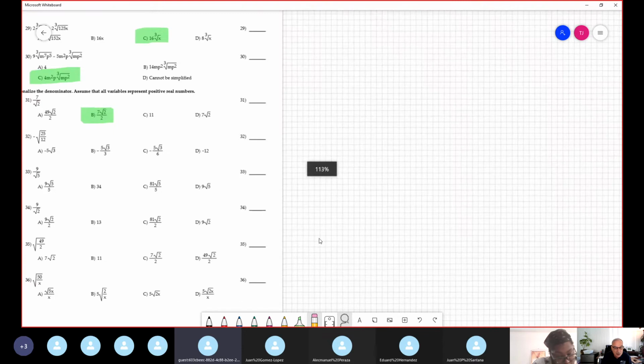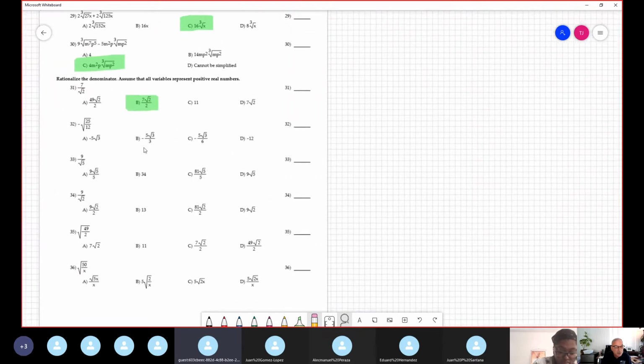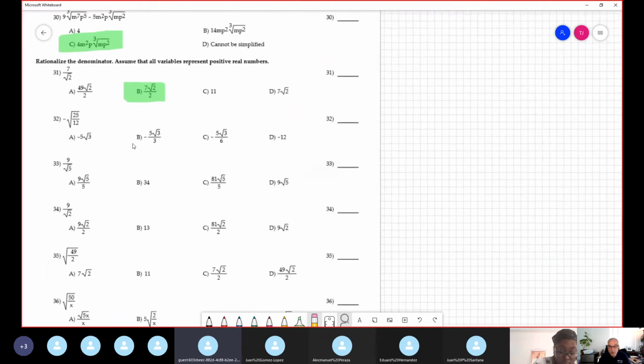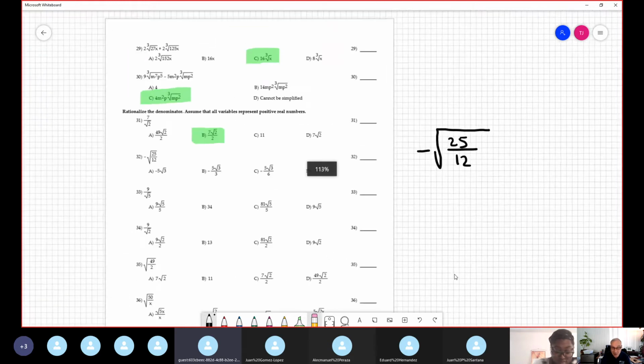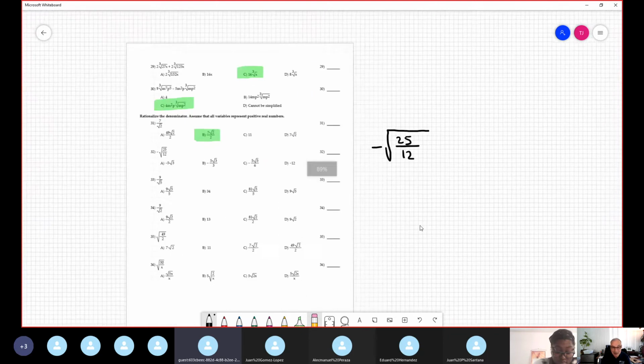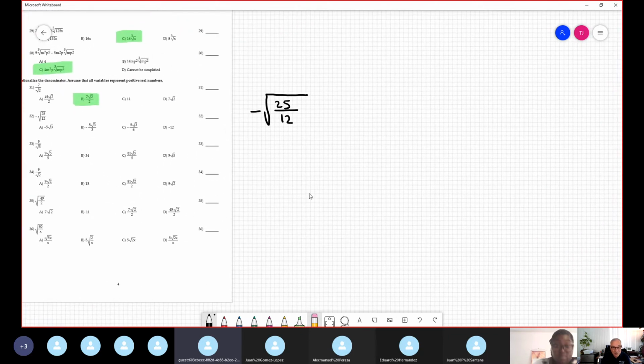Okay, number 32 is a little bit more complicated. Let me show you in detail. Pay attention, important. So I use simplification. Number 32 is minus, and remember, this minus is completely stupid, because it's supposed to confuse you: the square root of 25 over 12. I need to simplify this expression and, of course, express the final answer in rationalized form. Okay, let's do it.